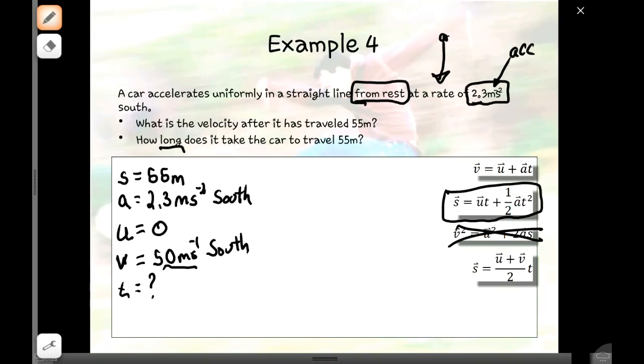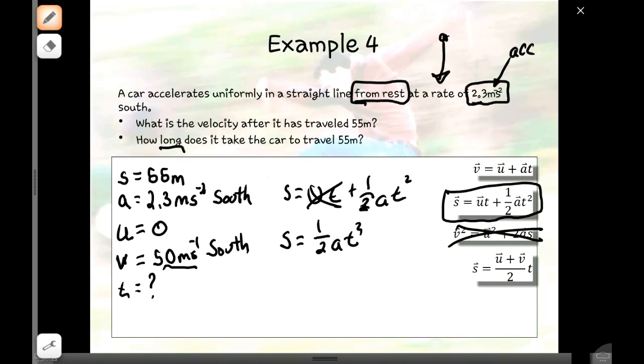So if I look here, my displacement equals ut plus 1/2 at squared. Okay, well that's good. This u is 0, so that whole term goes away. And so I'm going to get my displacement equals 1/2 at squared.